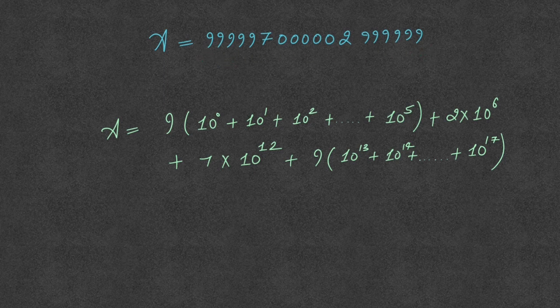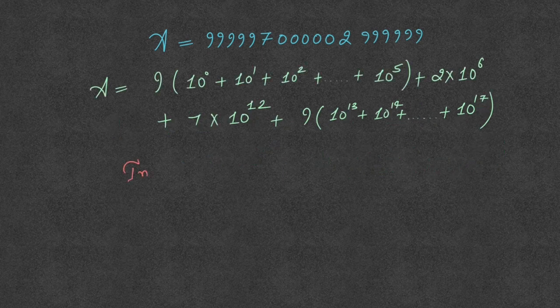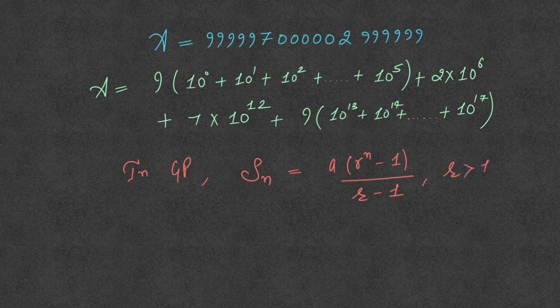Now if we see these numbers inside the brackets, they are forming a GP, that is a geometric progression. Sum of n terms is equal to a into r to the power n minus 1 upon r minus 1, when the common ratio is greater than 1.